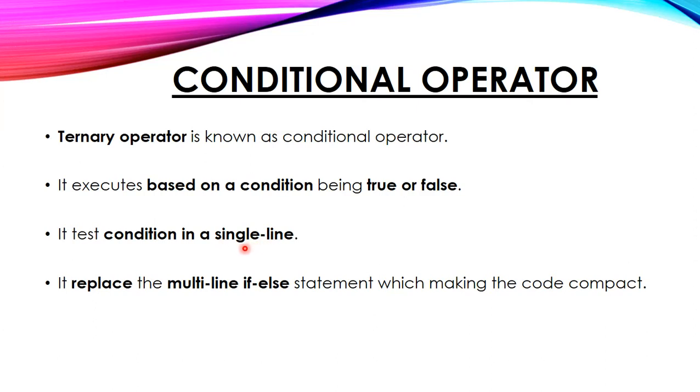The condition checking, the answer of the true part and the answer of the else part will be in a single line itself, which replaces the multi-line if-else statement. In an if-else statement, if will be in one line and the true part in one line, else in one line, and the false part in one line. So these 4 lines are replaced by a single line with the help of the conditional operator, which makes the coding compact and easier.